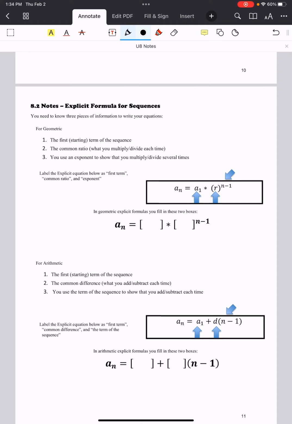Okay, A1 is my first term. N is the specific term you want. And R is your common ratio.